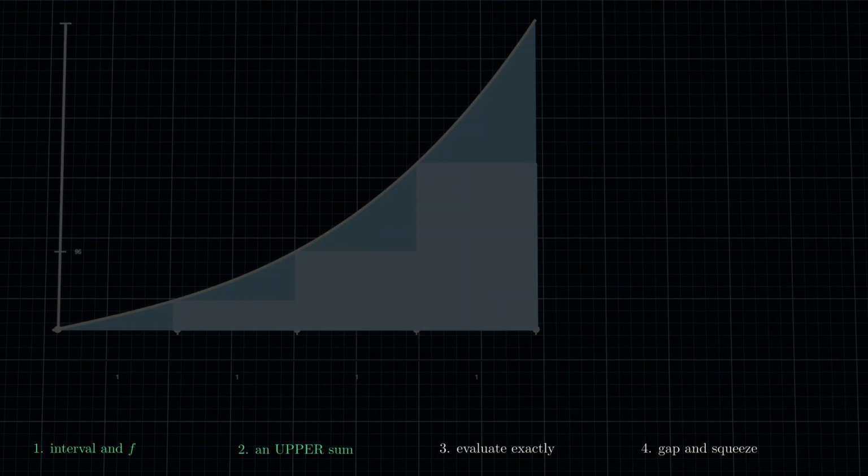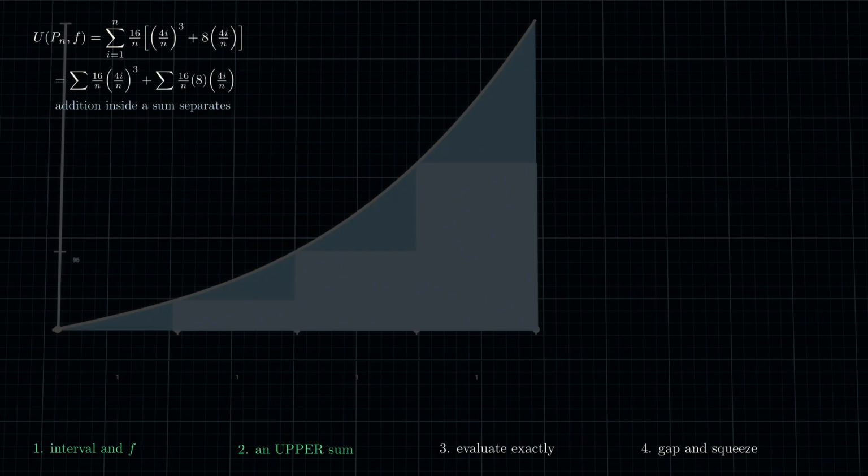Step 3. Evaluate the sum exactly for every n, with no limits and no hand-waving. The upper sum is the sum from i equals 1 to n of 16 over n times the quantity (4i over n) cubed plus 8 times 4i over n. Addition inside a sum separates, so split it in two, the cubed term and the linear term. First sum, (4i over n) cubed is 4 cubed times i cubed over n cubed, and 4 cubed is 64.